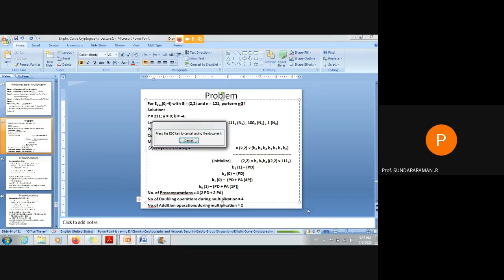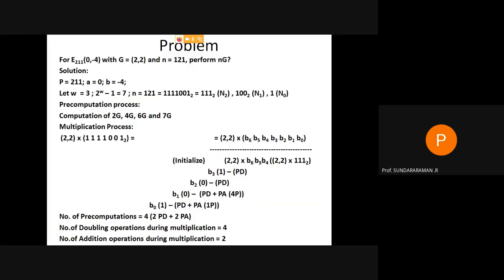So what we have to do now: 2g. How do you do 2g? Doubling process, right? 4g can be performed using the doubling process from 2g, and then 6g. How do you perform 6g? 4g plus 2g will give you 6g, and then 7g. How do you pre-compute 7g? 7g can be performed by adding 6g plus 1g.